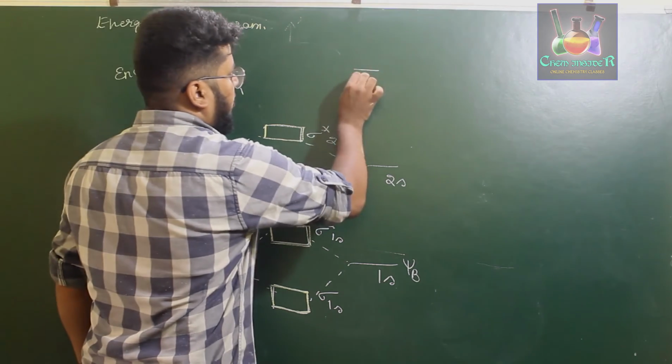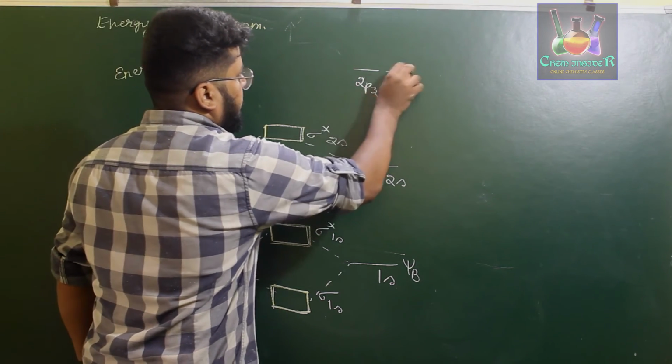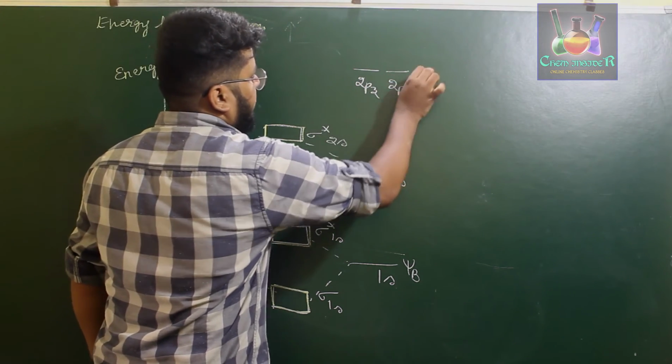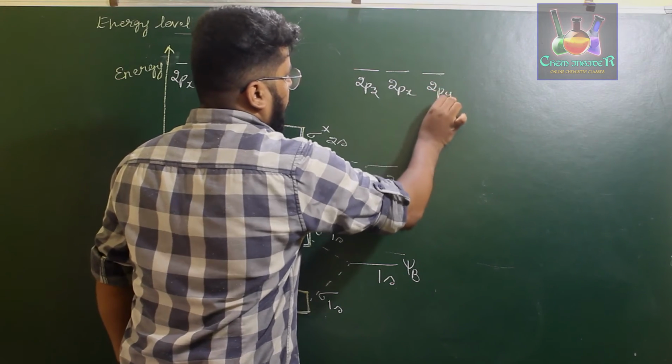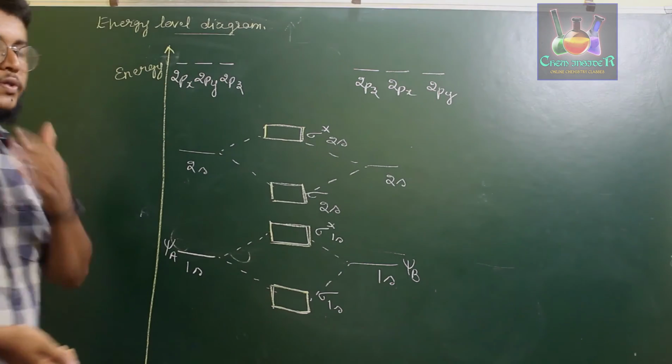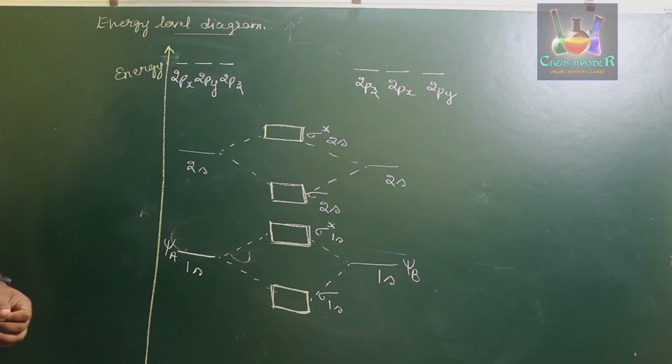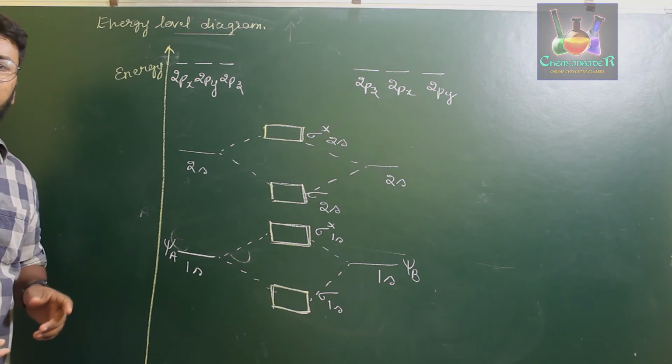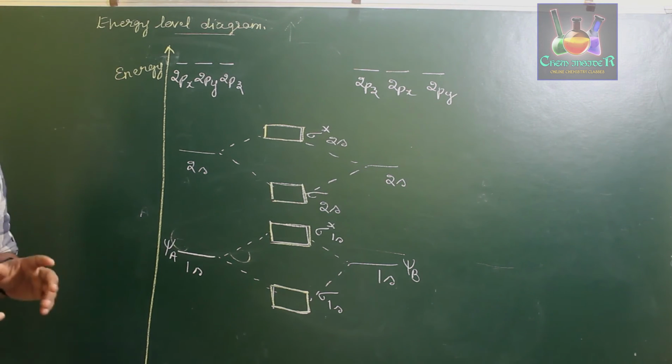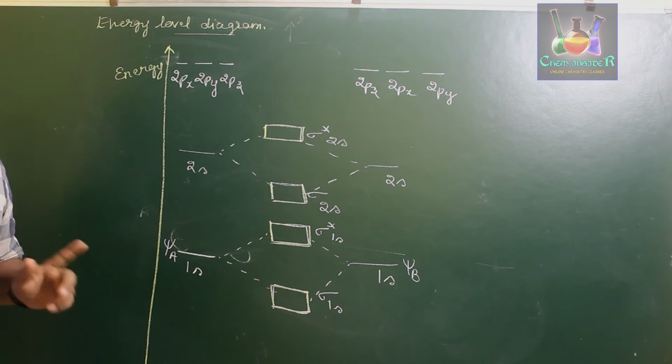Similarly on this side 2pz, 2px, 2py. So first let us consider the molecular orbital diagram for molecules which have less than 14 electrons.